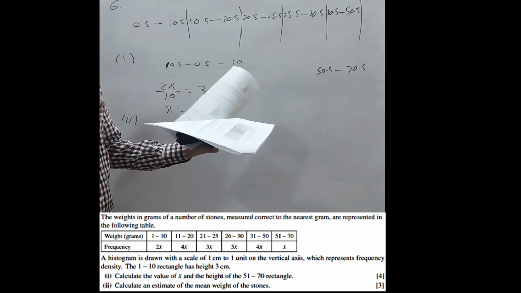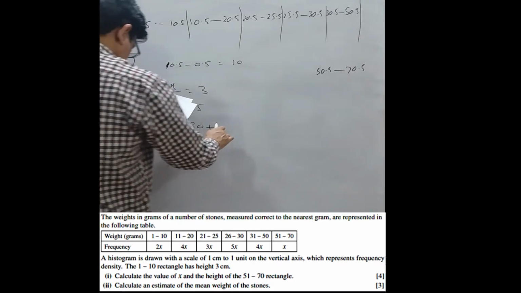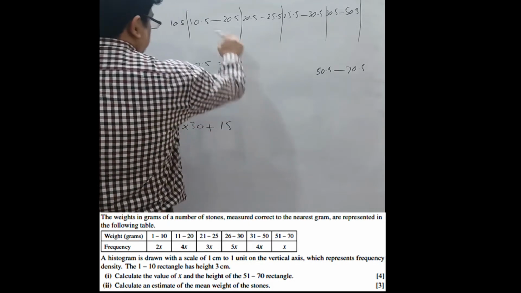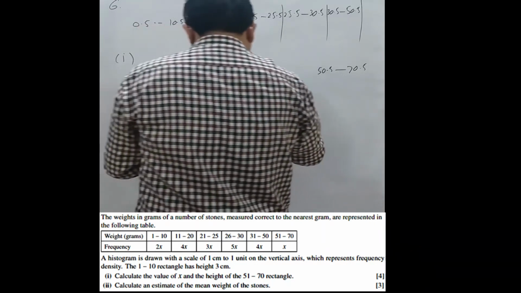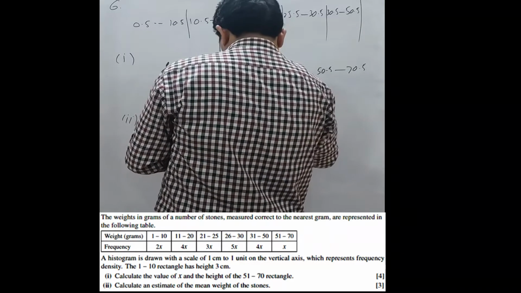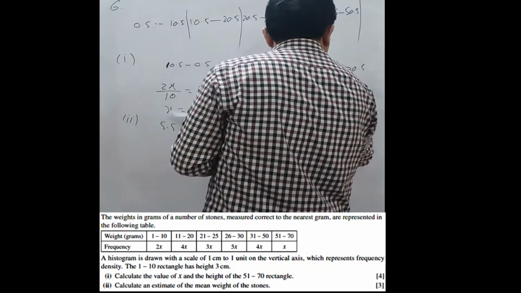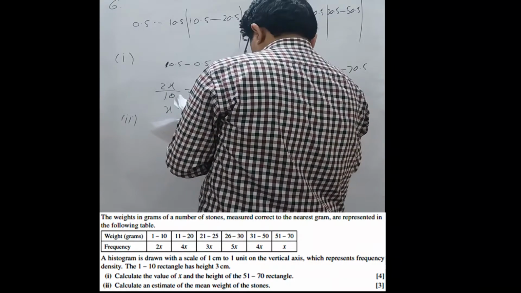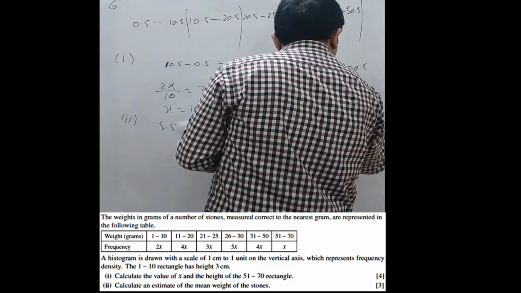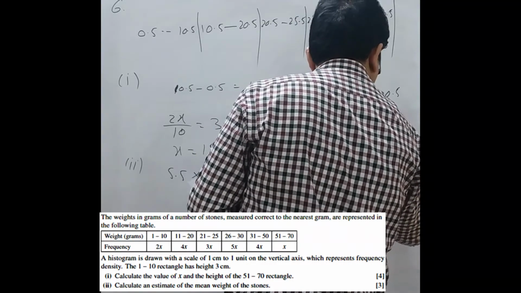So now mid value 5.5 multiplied by 30, plus the next mid value 15.5 multiplied by 60, plus mid value 23 multiplied by 45, plus 28 into 75, plus 40.5 into 60, and plus 60.5 into 15.